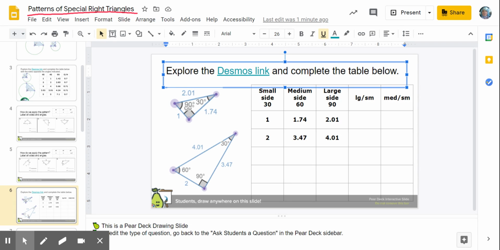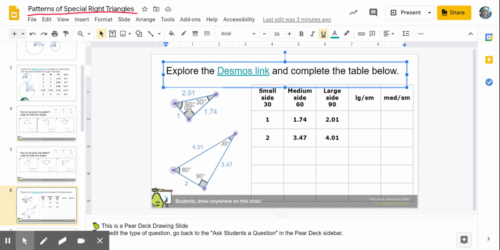So if I go to 4, and go to 4.5, the small side is always half of the hypotenuse, or the hypotenuse is always double the small side. So opposite the 30 degree, that side is always going to be half of the hypotenuse in this 30, 60, 90 triangle.